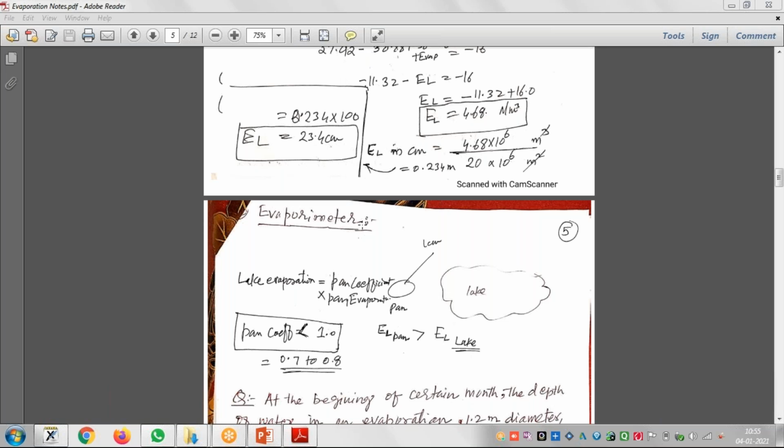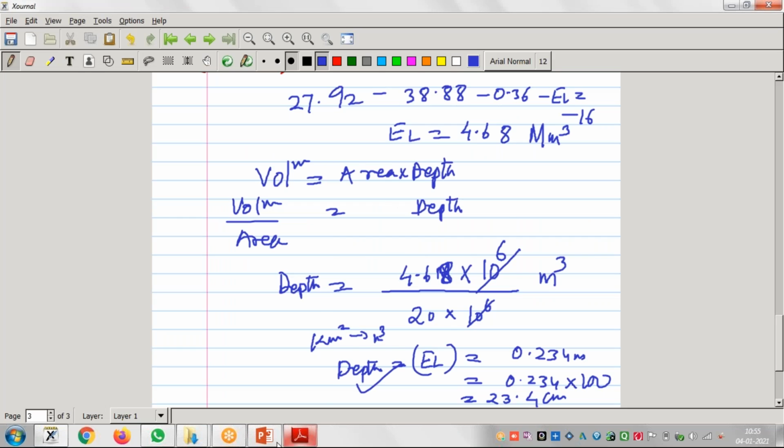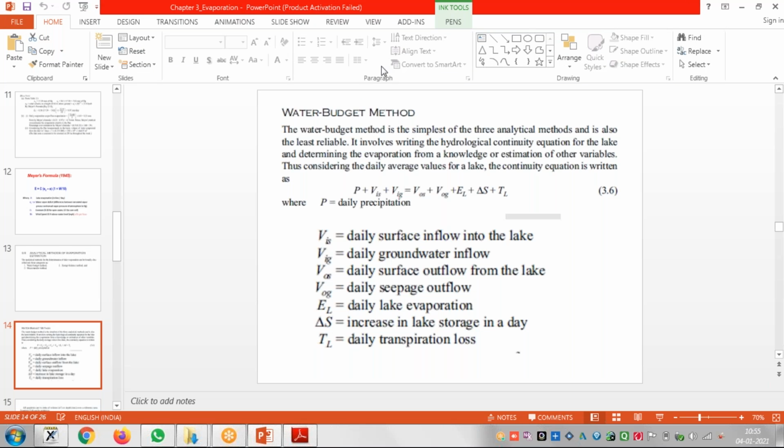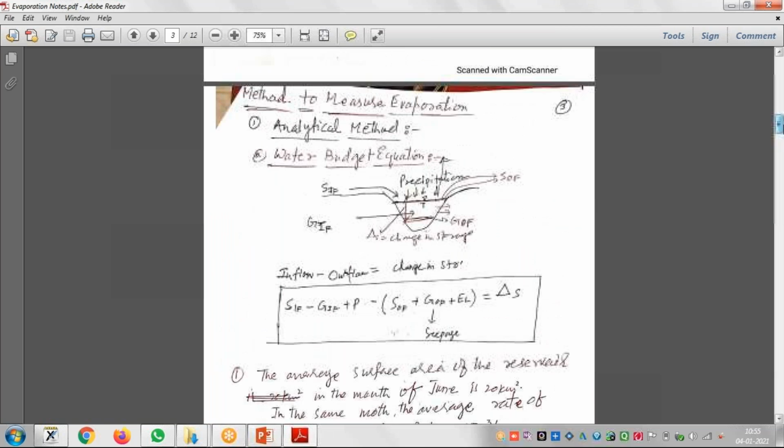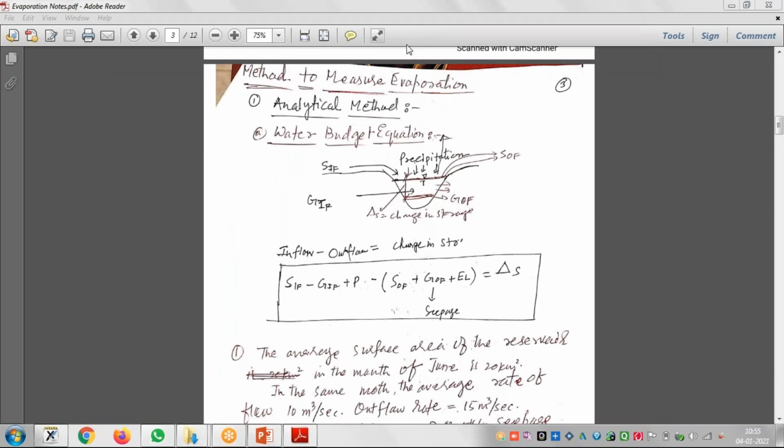Now next equation is what? See, this is the water budget method, and we have seen one numerical on this, right? In our equation, this equation and this equation are both the same. But here I have not included the transpiration loss.